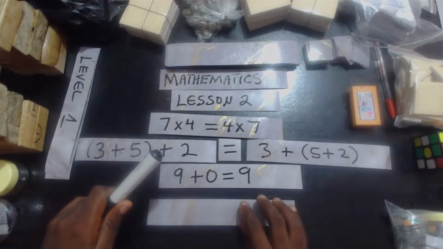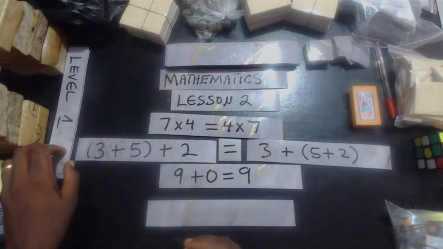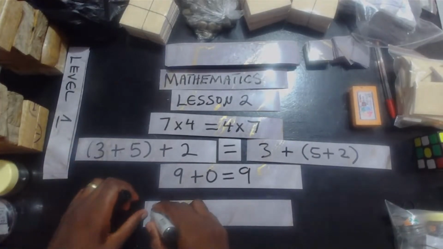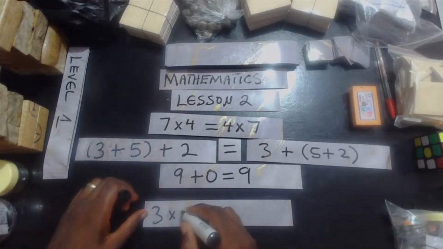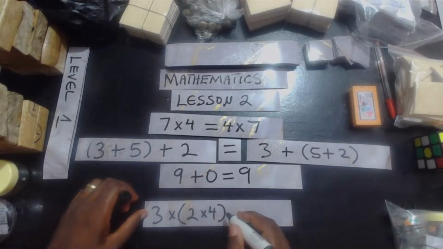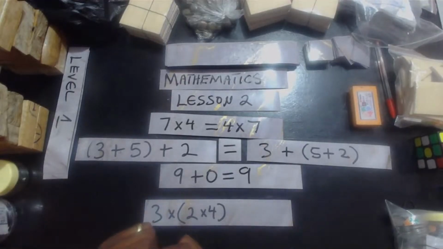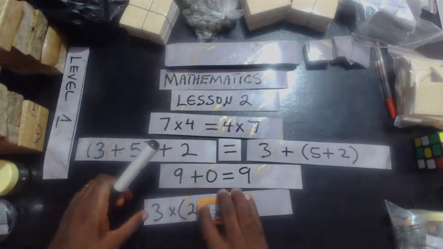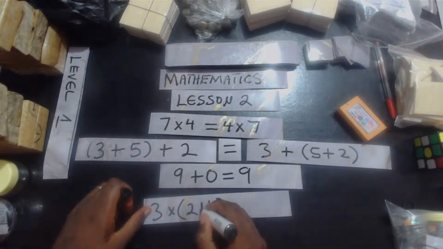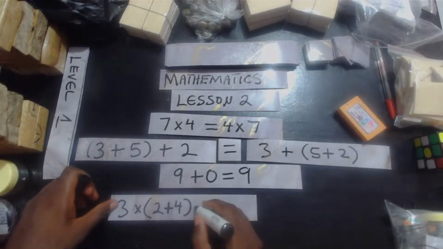So finally, we have this here, and we have another: 3 multiplied by 2 plus 4, I beg your pardon, 2 plus 4.